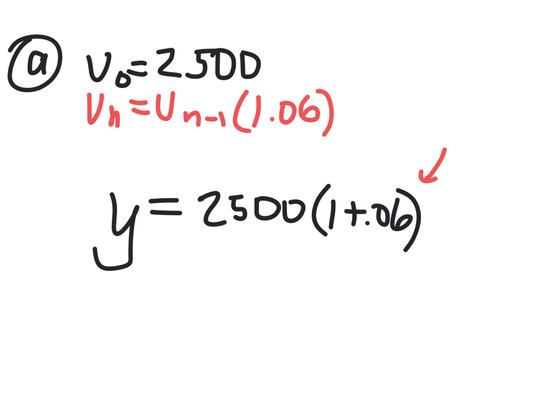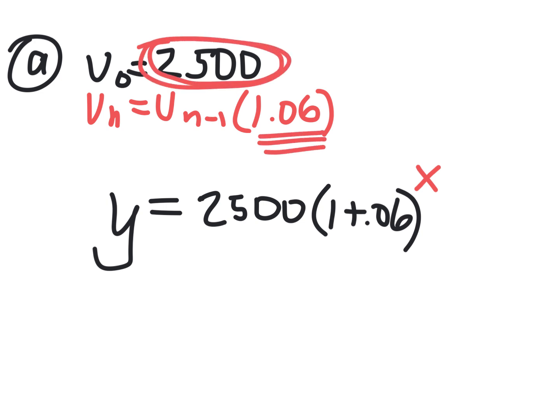The years, or the time at least. Did they tell us the time? Then you put an x. That is an exponential equation. See, what do we really need? We needed the start value, and we needed what it grew by. And I know some of you are going to be like, why couldn't we just do them like this in the first place? This is way easier than all that weird U sub n junk.